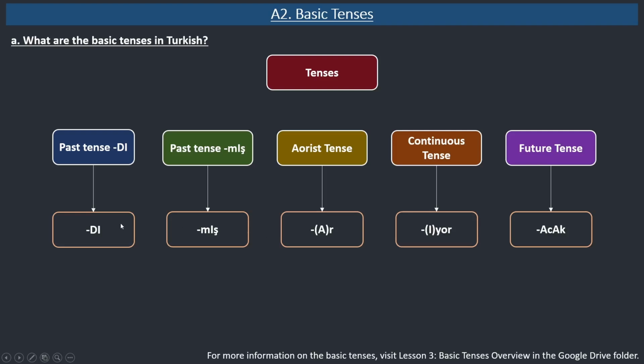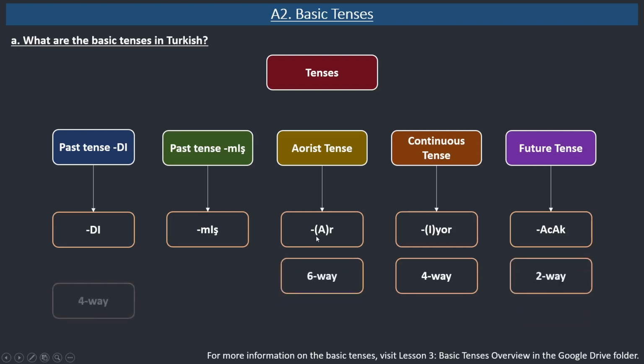The uppercase letters mean they have vowel harmony. So it's not always ıyor. Sometimes it's iyor, sometimes it's uyor, sometimes it's üyor. You can see the vowel harmony rules later.